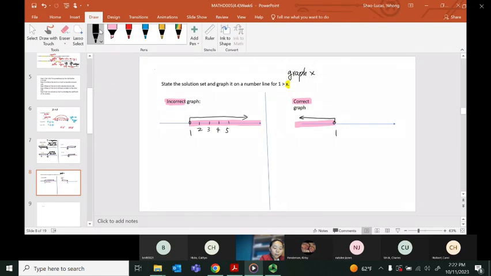I can put a few numbers here. So the numbers highlighted are greater than 1.